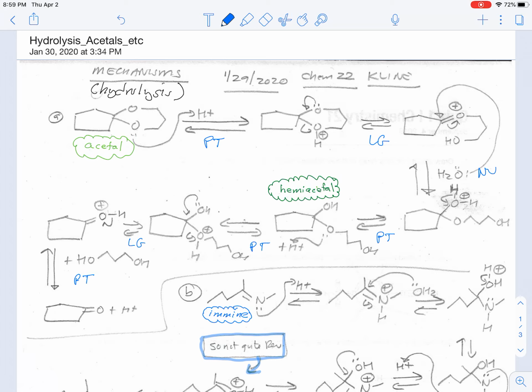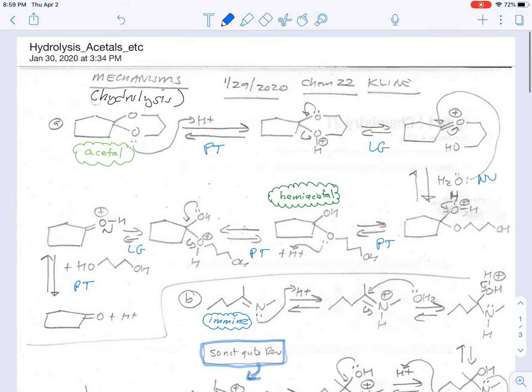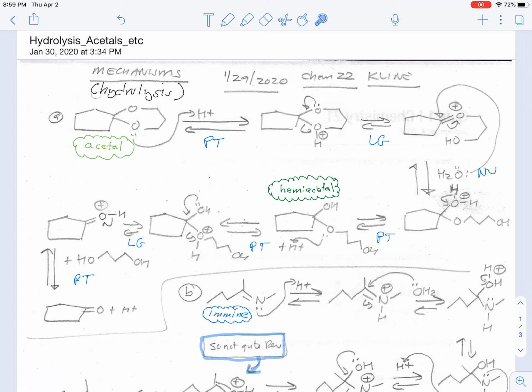Some people can think of them that way. If nothing else, it does remind you that there are a lot of proton transfers in these things. And in general, if you ask yourself, do I need to do this with one proton transfer or several, the answer is usually several because the protons aren't going to hop.